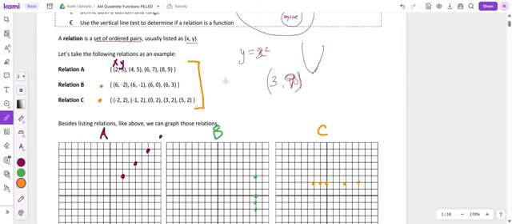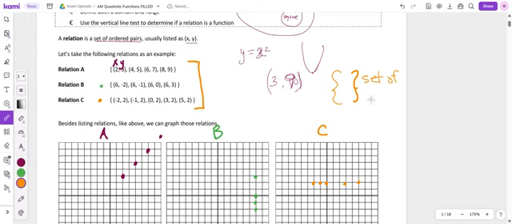Do you remember this notation from grade 9? Do you remember what this curly bracket means? It means a set of. So when you have these type of curly brackets, that means this is a set.